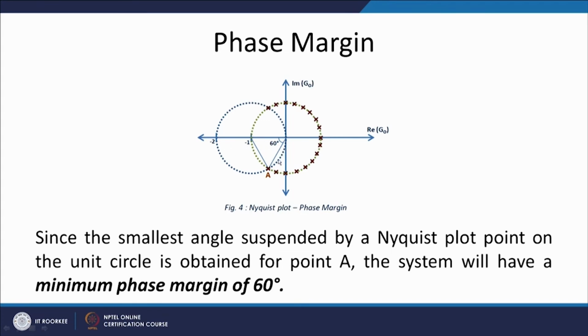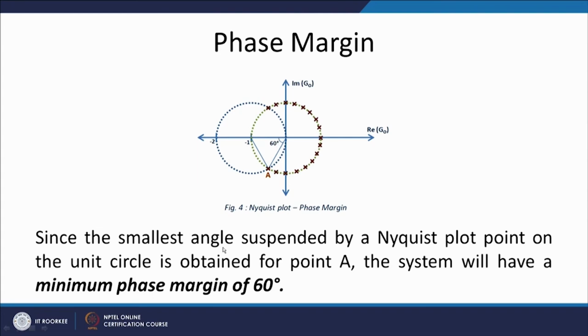So, my actual system will always be outside the unit circle. So, where it is intersecting this, this is the minimum phase margin of my LQR, and because both are unit circles, this is an equilateral triangle. So, this angle will be 60 degrees.